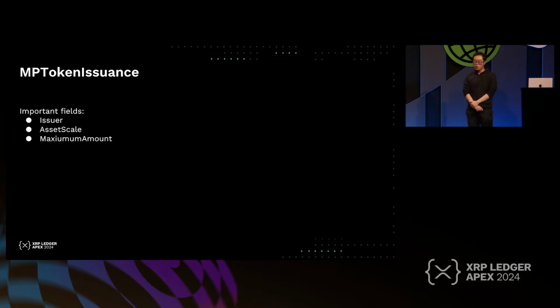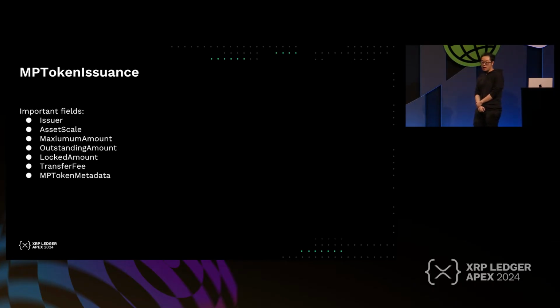Maximum amount is the total amount of tokens that can be issued out. Outstanding amount is the total amount of tokens that is currently held by the holders. And transfer fee is the percentage that will be deducted when a transfer of funds occurs between holders.